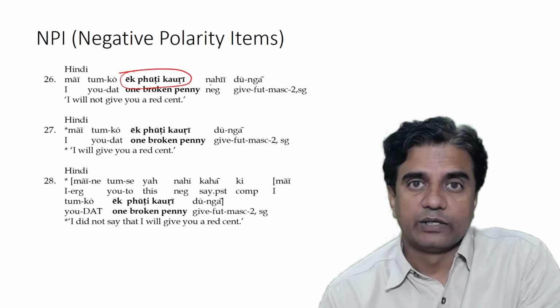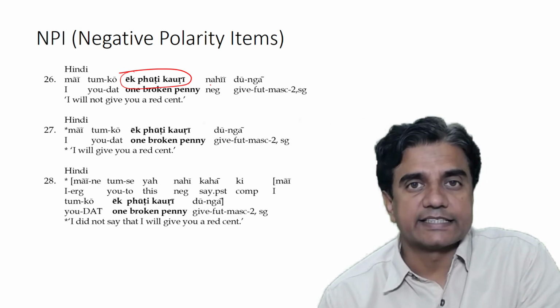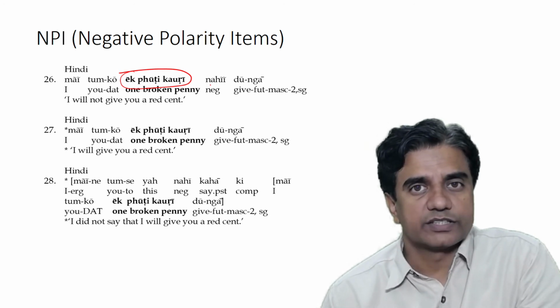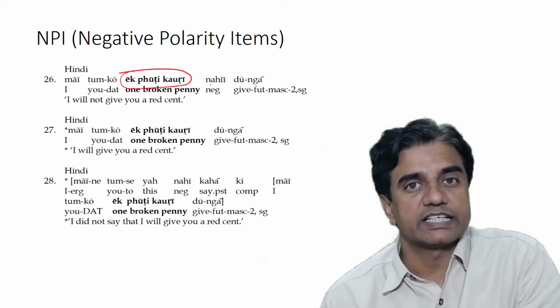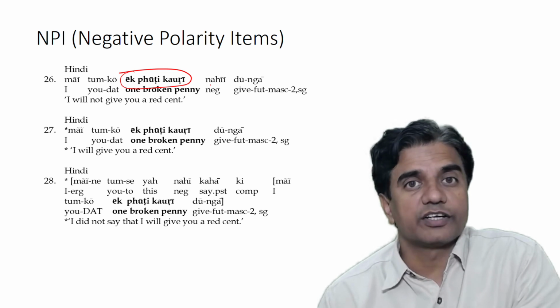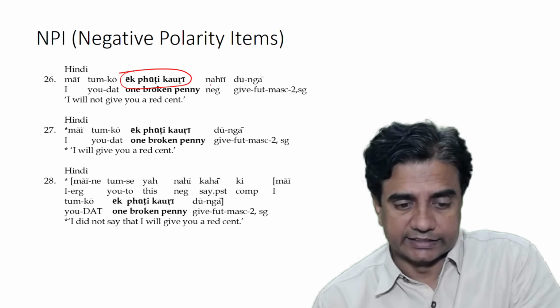That is, only sentential negation can license negative polarity items. Therefore, what is crucially important is to understand the position of sentential negation in the clause structure for our understanding of the licensing of negative polarity items a little later.